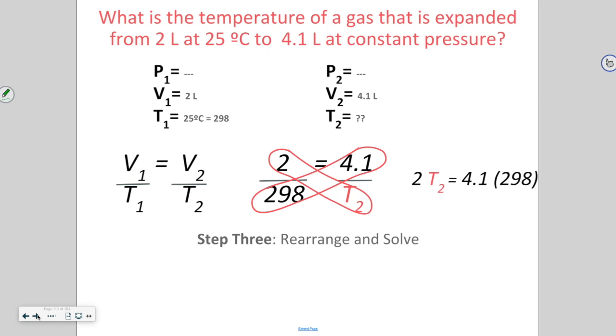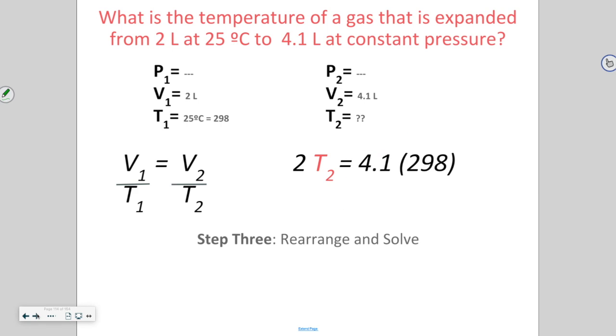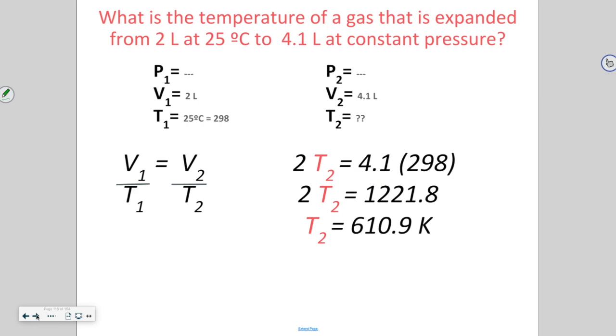So here you see your 2 times T2 equals 4.1 times 298. And so simplify, combine like terms, 4.1 times 298 is 1,221.8. Then we need to get T by itself, so we're going to divide by 2. T equals 610.9.